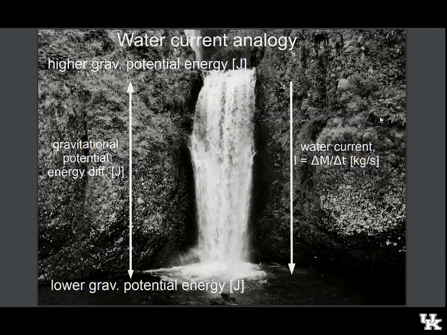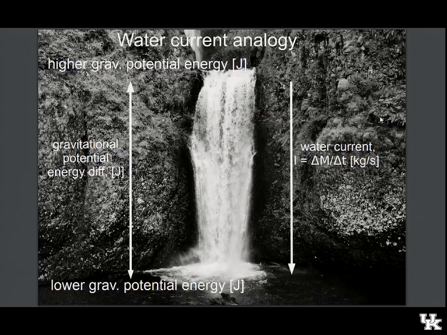On this waterfall, upstairs here, the water has a higher gravitational potential energy by virtue of its height. Downstairs here, it has a lower gravitational potential energy by virtue of its lower height. So there's a gravitational potential energy difference between the top of the waterfall and the bottom of the waterfall.